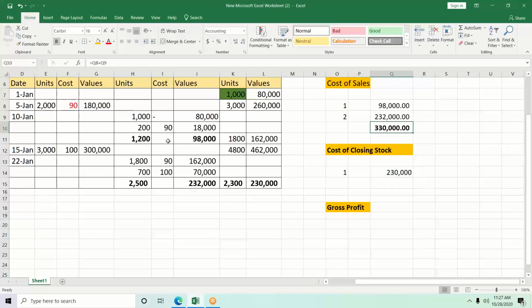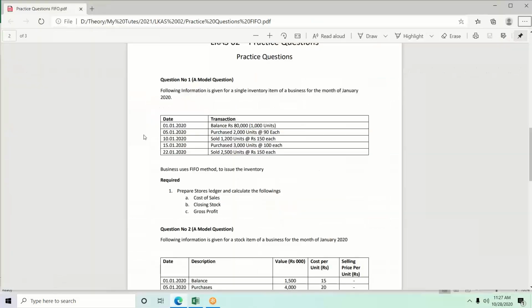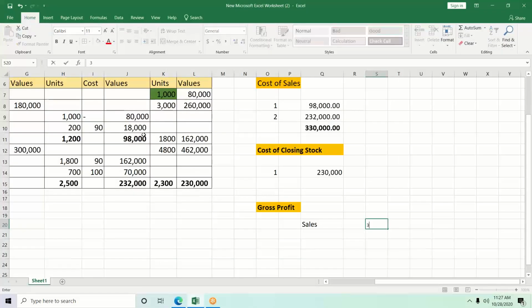So during the period you sold 3,700 units, that is 1,200 and 2,500. How much is the selling price of it? What are the sales? During the period you sold 3,700 units at 150 each.